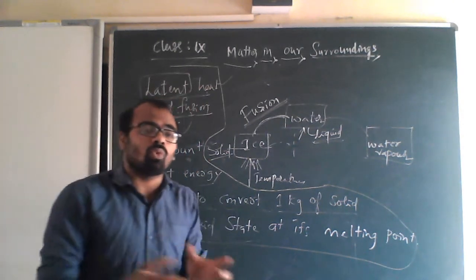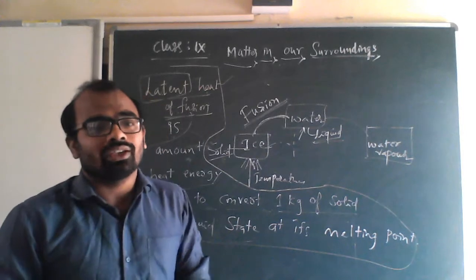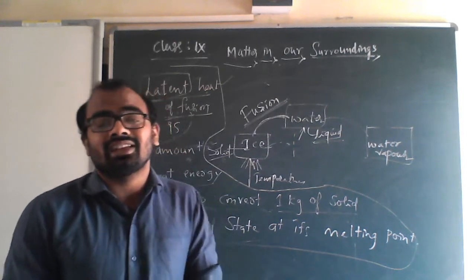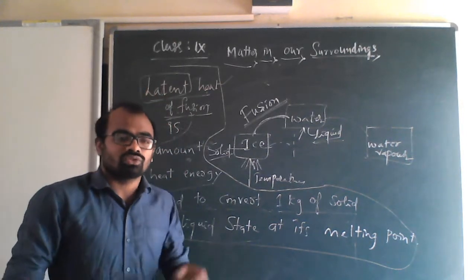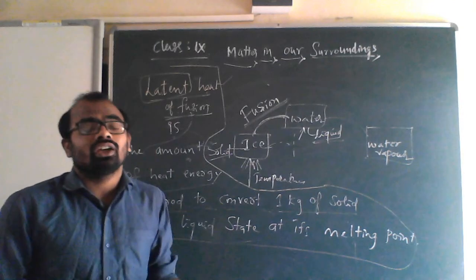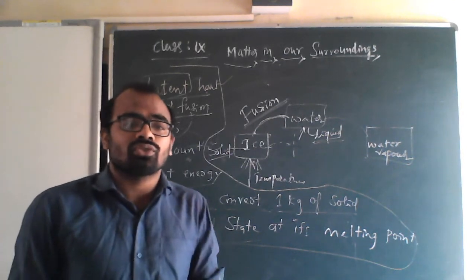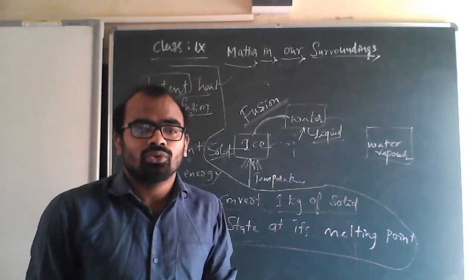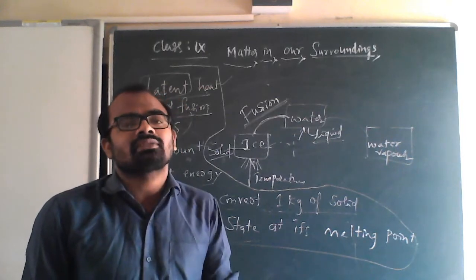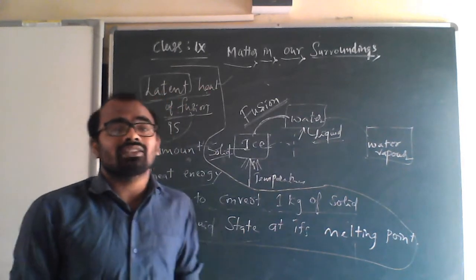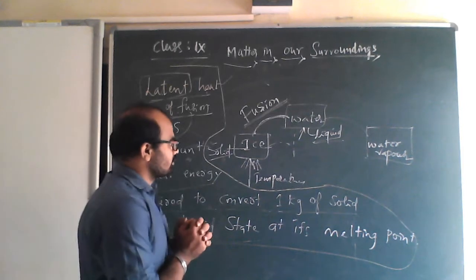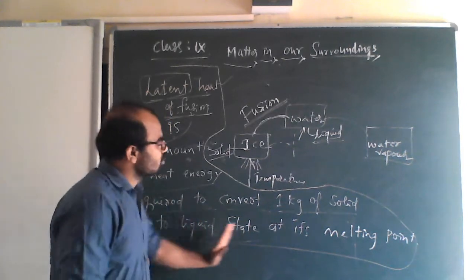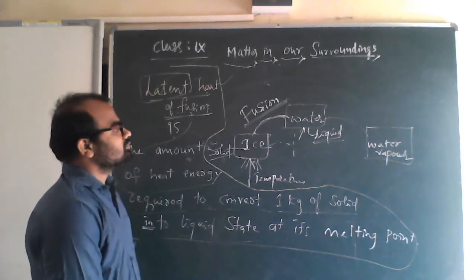Considering 1 kg of solid, the amount of heat energy required to convert 1 kg of solid to its liquid state at its melting point is called latent heat of fusion. So I hope you understood this concept.